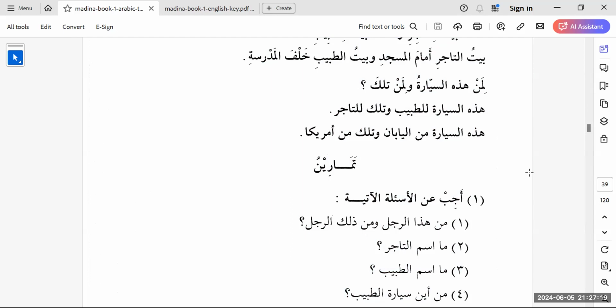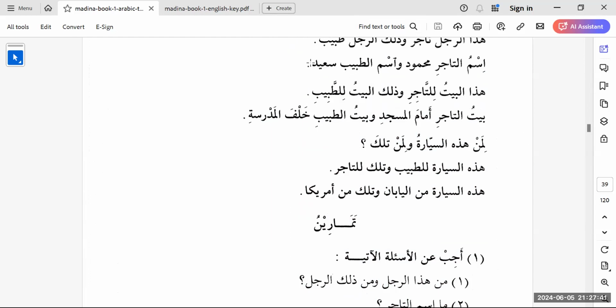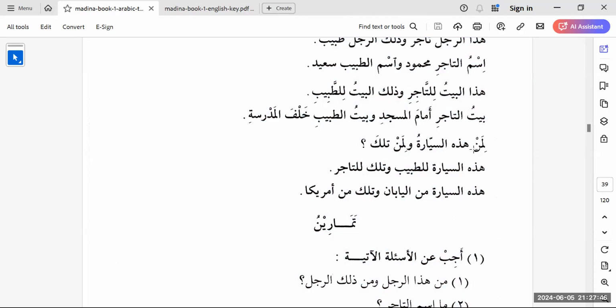ما اسم الطبيب. اسمه الطبيب سعيد. Good, good.